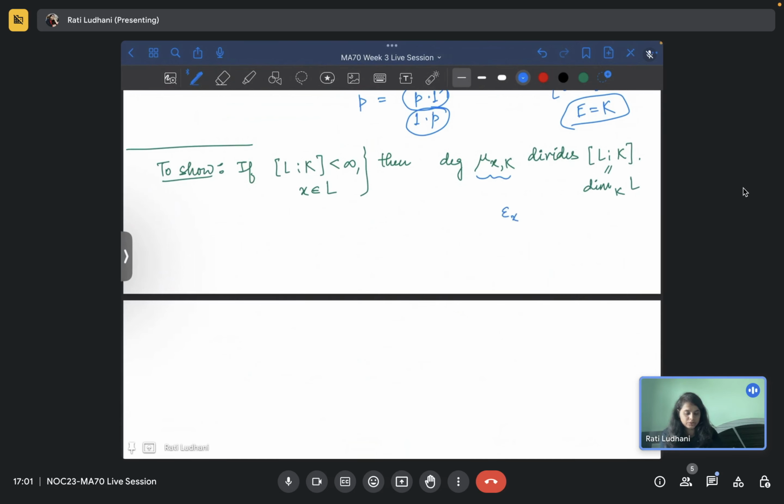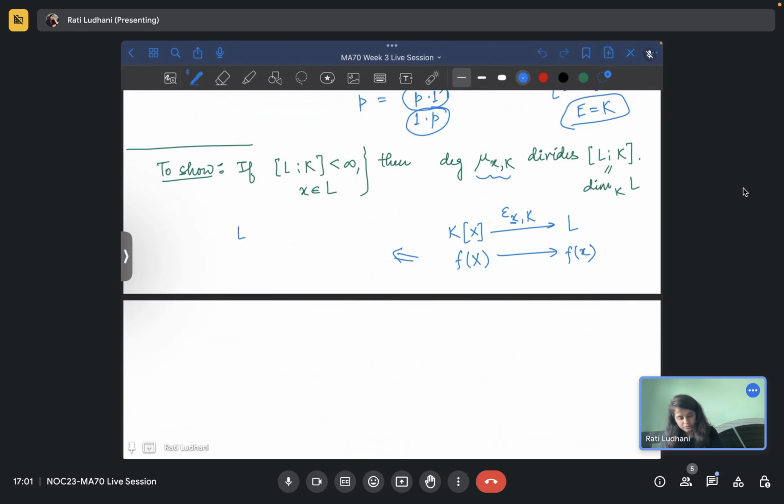We have this notation. We have K[X], which maps to this big field L. So L is a K-algebra. Any polynomial f(X) will map to f of small x. So small x is the element we are talking about, and from this we have the definition.